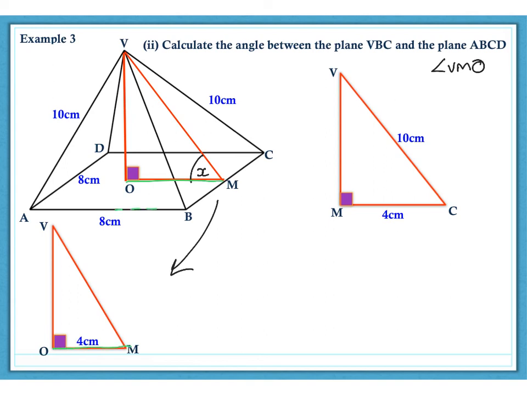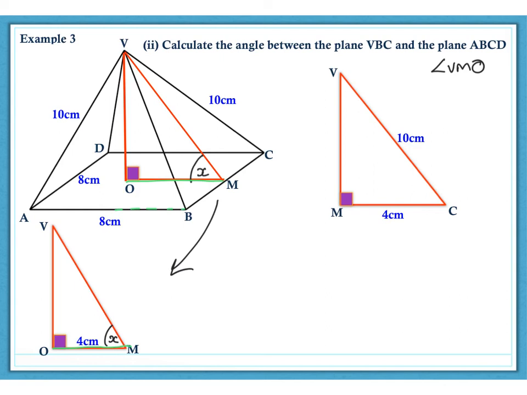It's parallel to that measurement here. It's 4 centimetres. Here's angle X, and we need to find either VM or VO in order to be able to proceed. You can actually calculate either VM or VO. It doesn't matter which. At the very end of the question, you should still get the same answer for X if you've done it correctly.